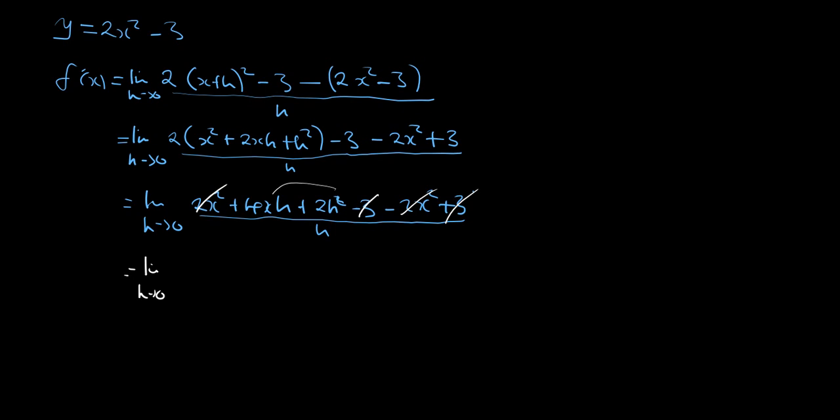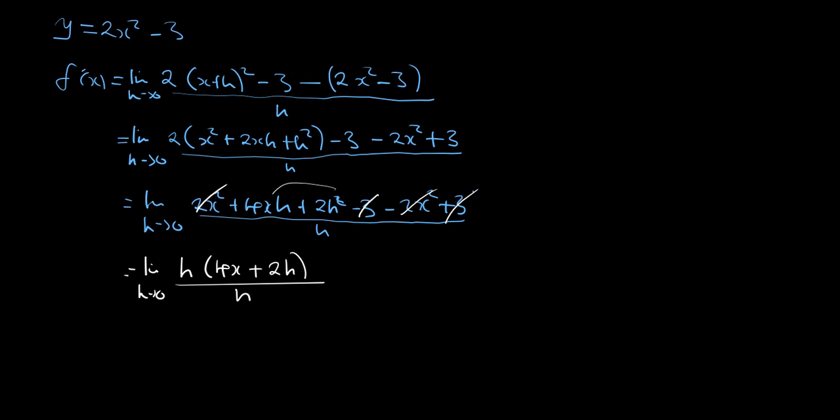Let me factorize something common so that I work with what I want to have. So h is common there, so I'll factorize h, open bracket, that will be 4x plus 2h, then over h.